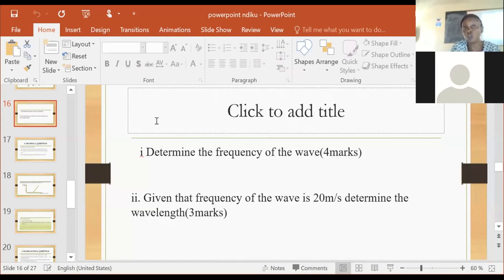If the period was 20, the correct frequency was supposed to be 0.05. So if we substituted the velocity 20 and the frequency 0.05 times lambda, it would give you the wavelength as 400 meters.